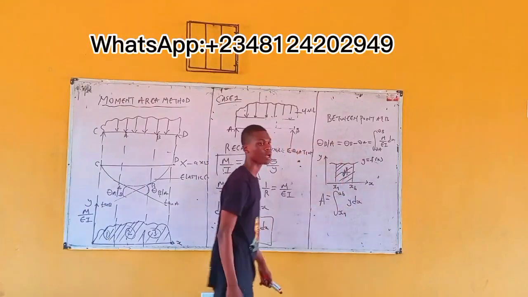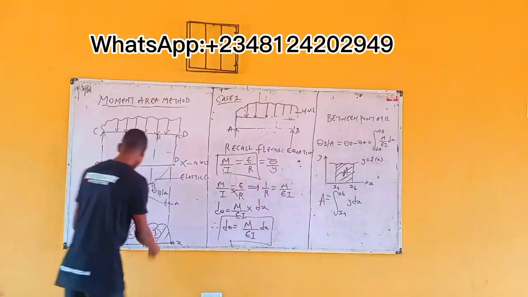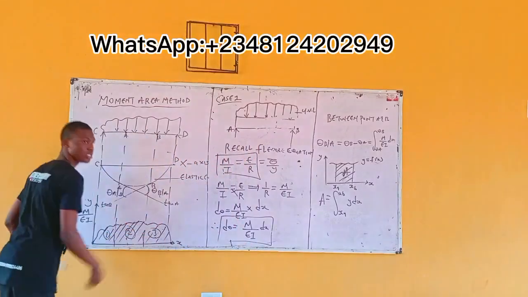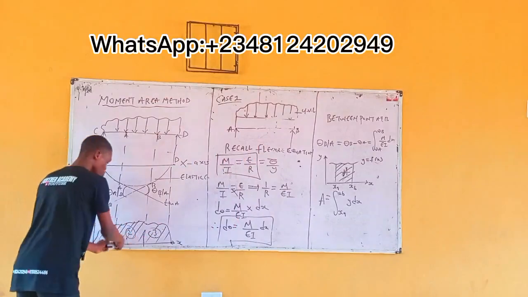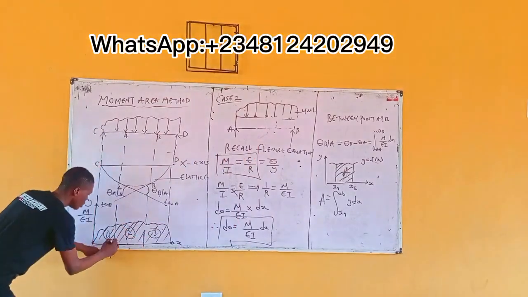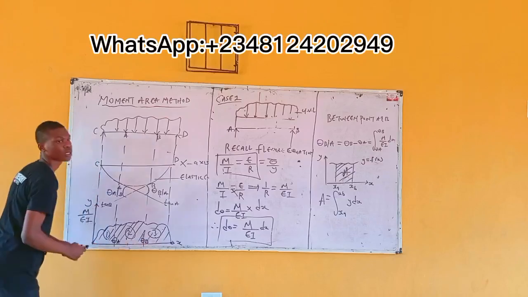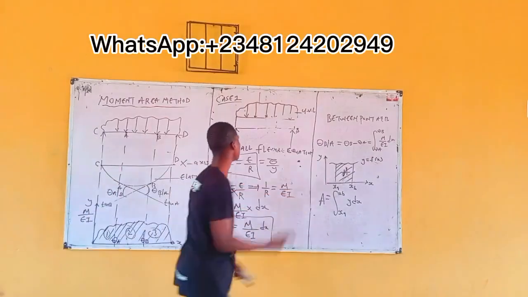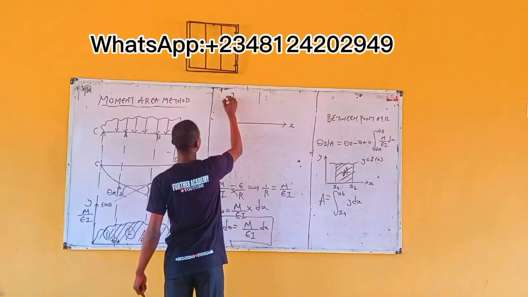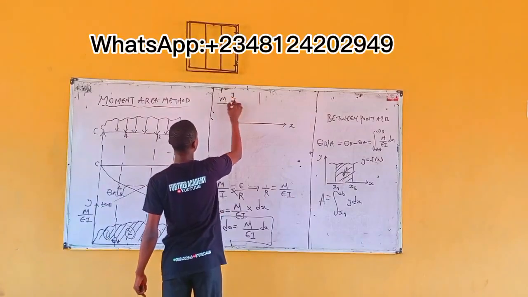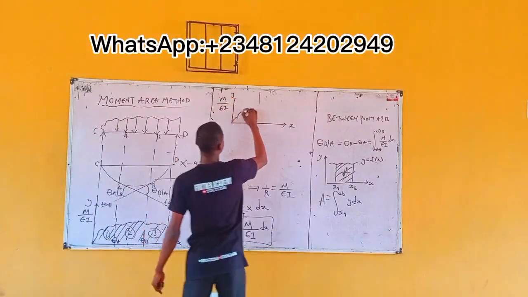This is the area. Now, implementing that same idea to these two points. This first point, what do you have here? Theta A. This other point, what do you have here? Theta B. So, applying this idea, y is M by EI.